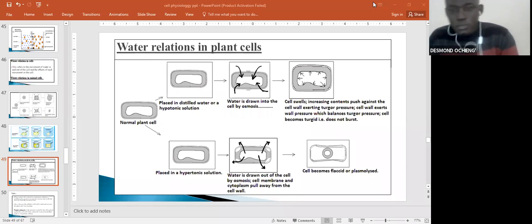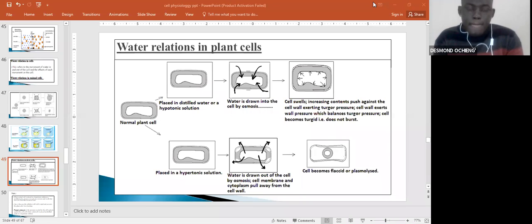Number one, define the following terms: turgor pressure and wall pressure; plasmolysis; hemolysis and crenation.